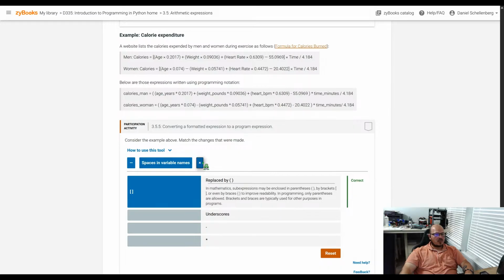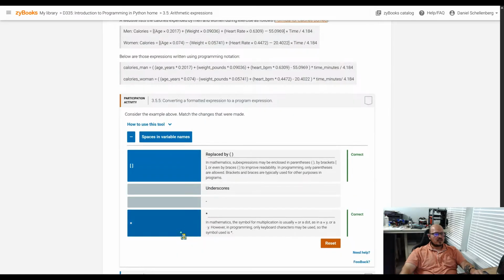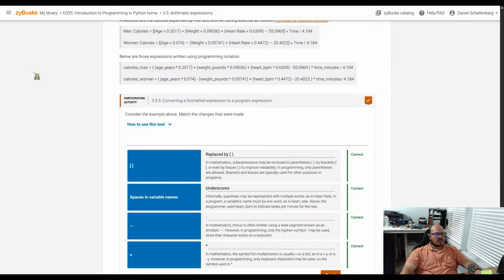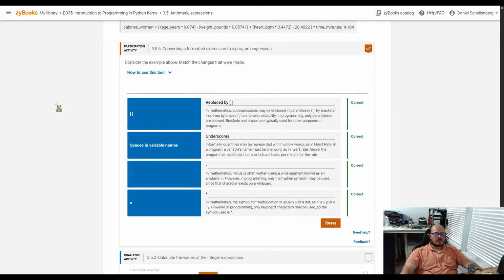This here was replaced to equal that, and then, let's see. I mean, is that? Yeah, okay. So that, and then underscores. So the underscores or the spacing. Yeah, perfect.